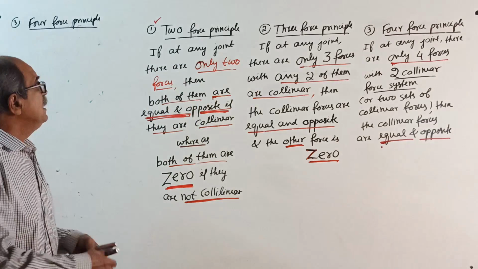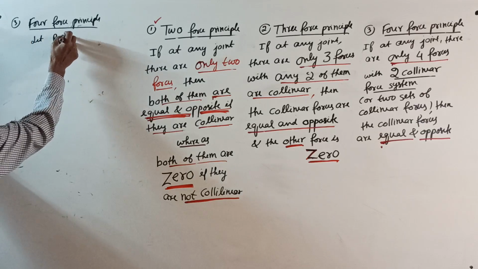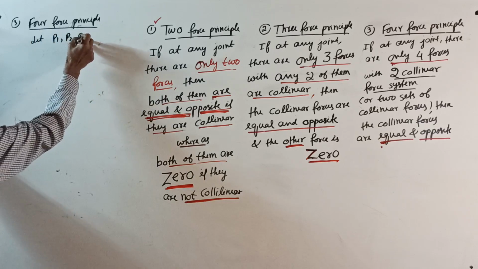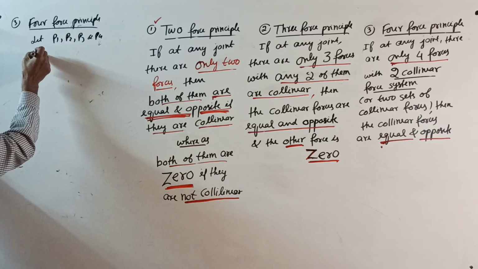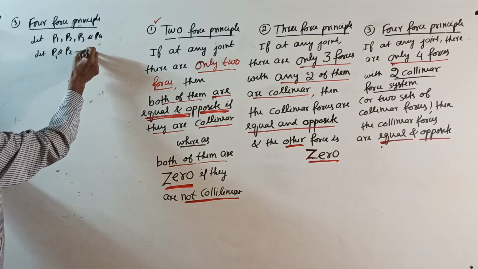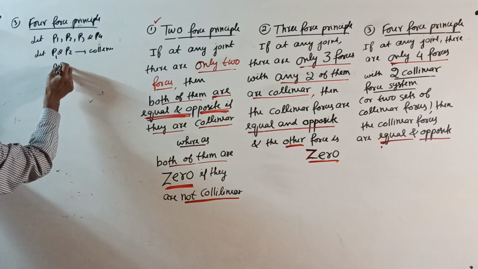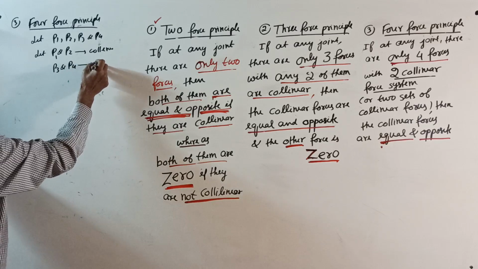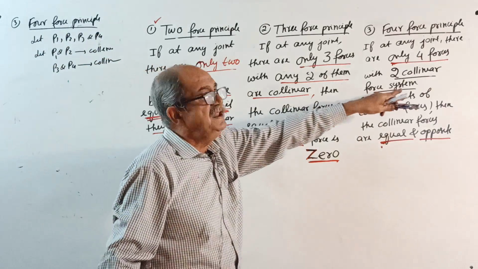Let P1, P2, P3 and P4 be the forces. Among them, let P1 and P2 be collinear, and P3 and P4 also be collinear. So it is a two collinear force system.